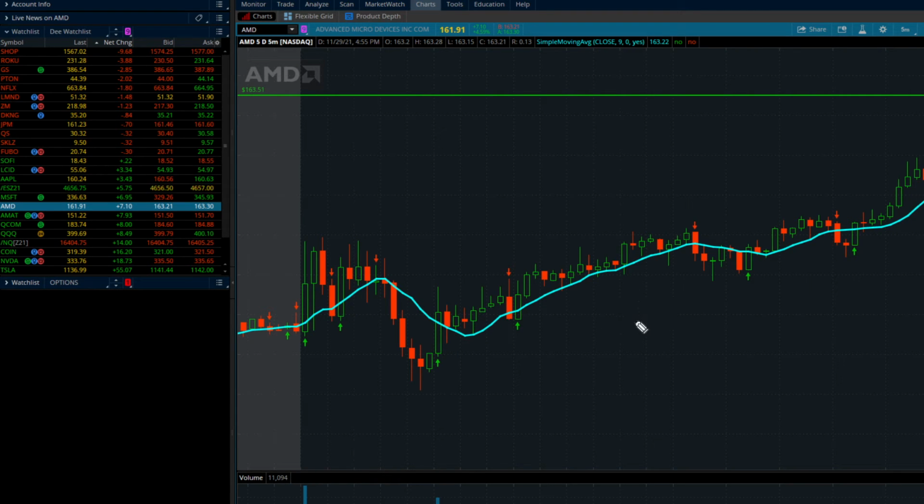This line is not concrete, so we have to kind of look at the moving averages like this. I wish that our moving averages, instead of it just being more of a straight line, would be more like this. Okay, so as long as we don't get a significant break below this 20 period moving average, I would still be in the trade.